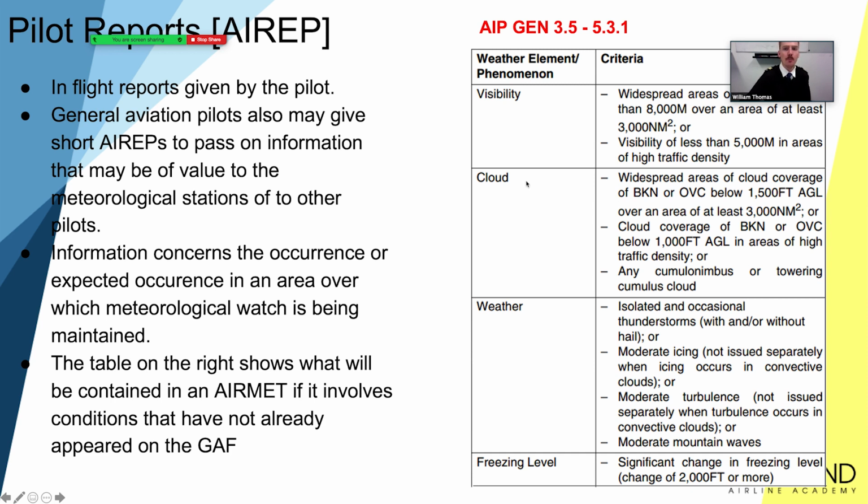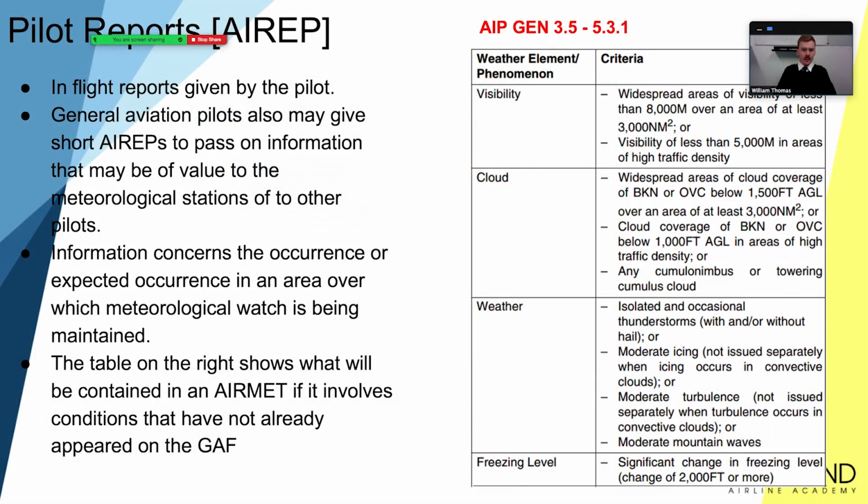Cool. All right, pilot reports. Now, any report in flight given by the pilot. General aviation pilots also may give short air reps to pass on information that may be of value to the meteorological stations, to pass on to other pilots.